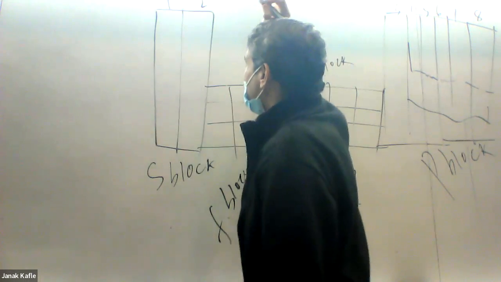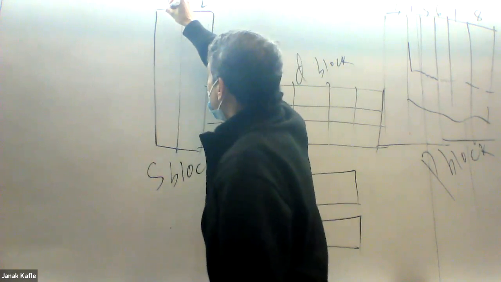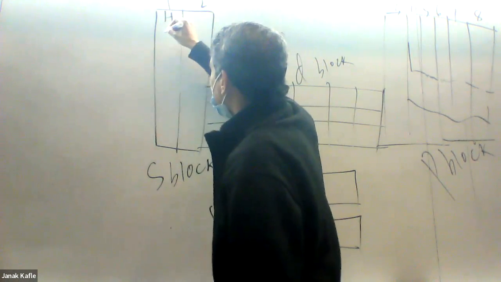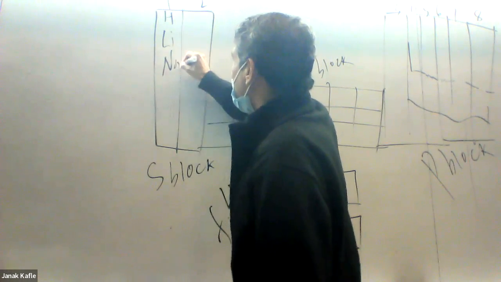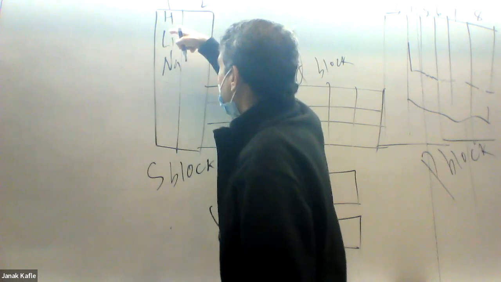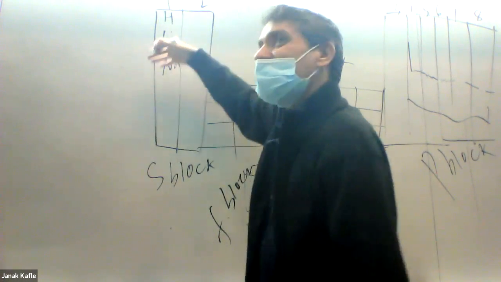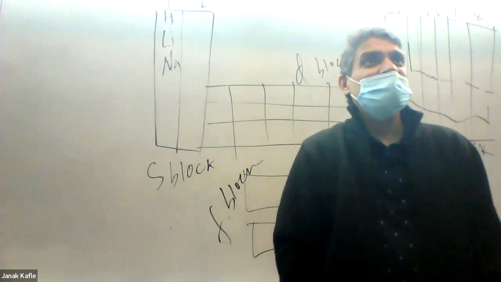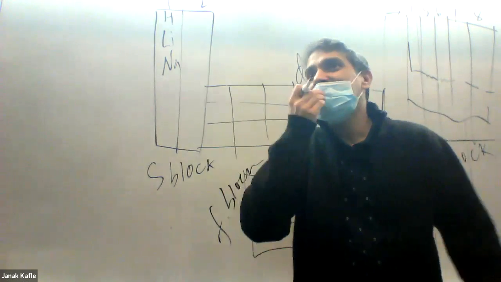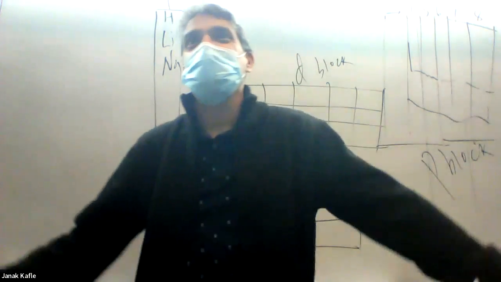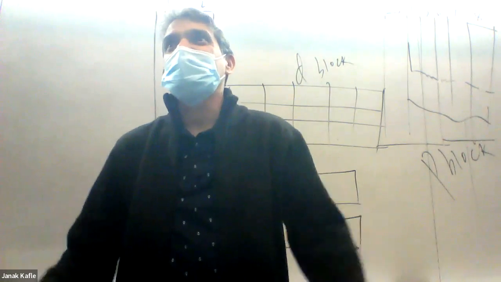So if you see in the periodic table, you might see hydrogen here and lithium here and sodium here. If you study hydrogen, lithium, sodium, and these elements, they would show very similar characteristics in chemical reactions. Although they look different physically, they show very similar characteristics when we do the chemical reaction.